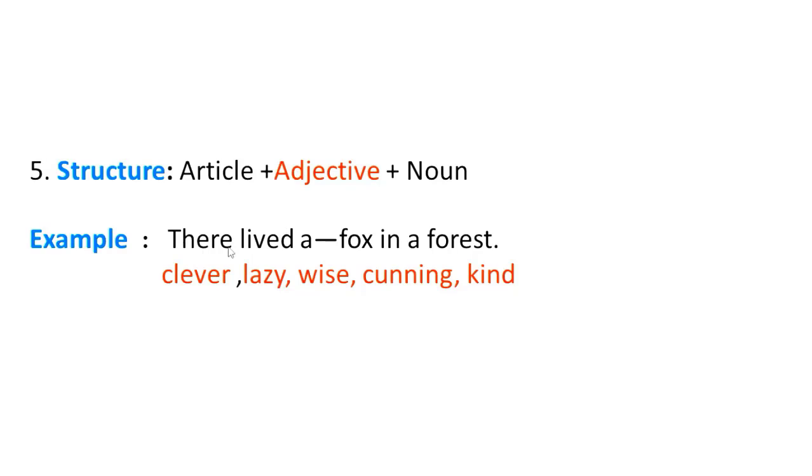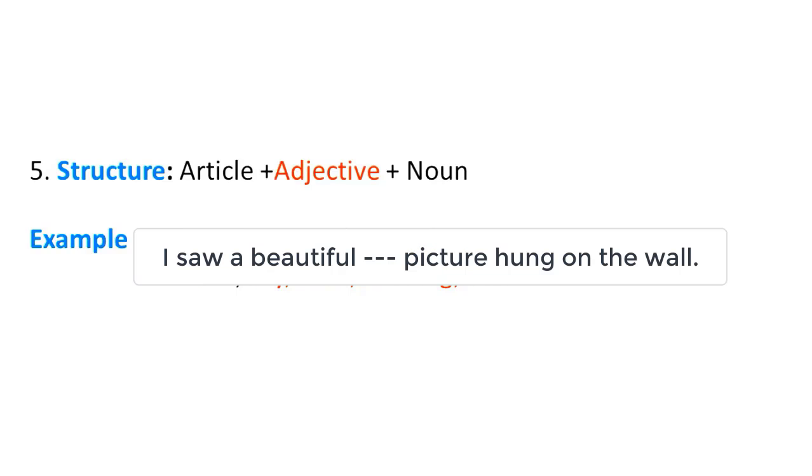Look at the example. There lived a dash fox in a forest. You can use here clever, lazy, wise, cunning, kind, etc. That means the answer will be there lived a clever fox or lazy fox or wise fox in a forest.